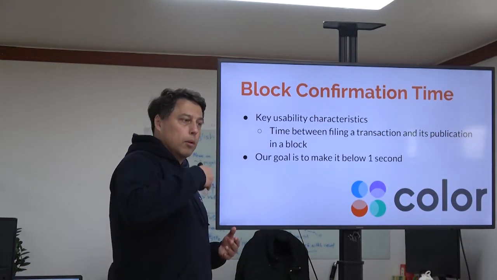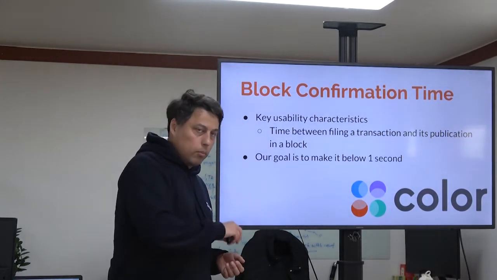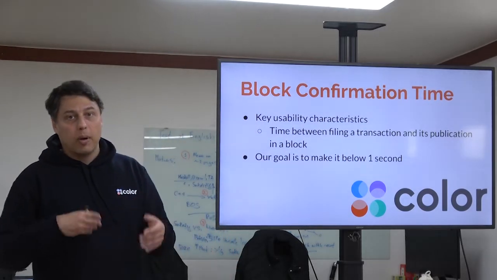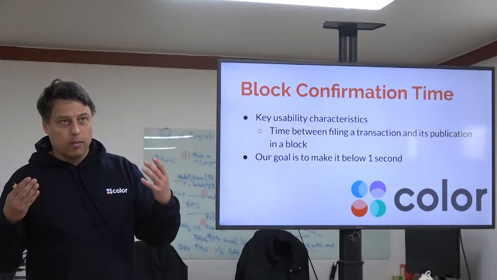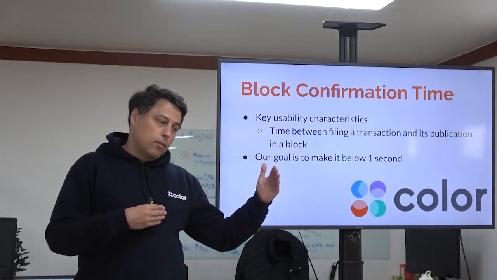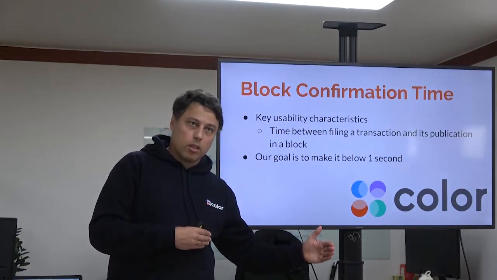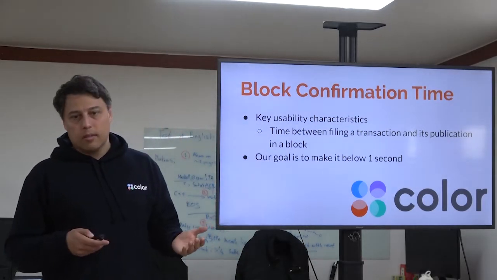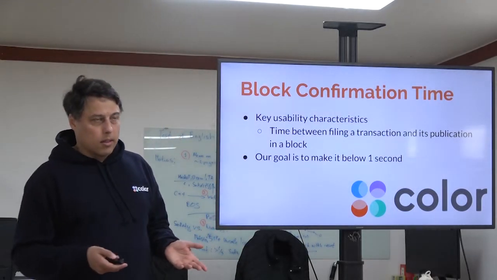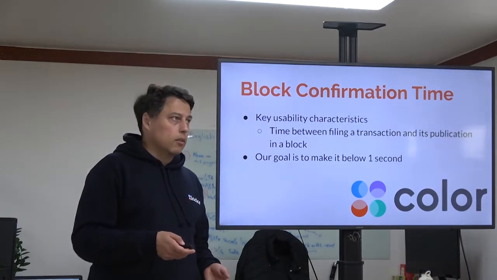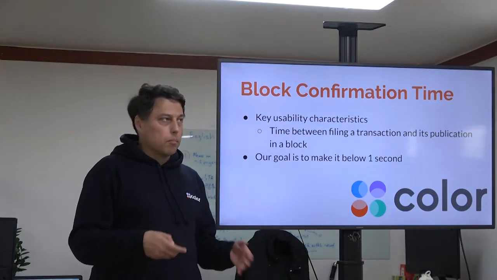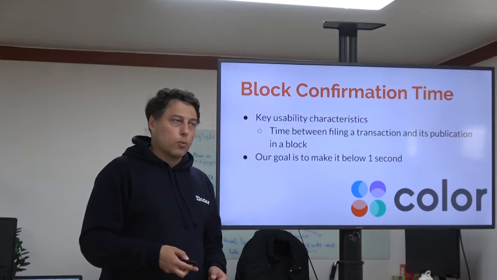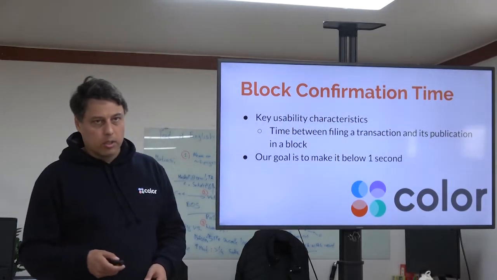When you apply your transaction to the platform, you need to know how much time it will take the platform to file your transaction into the blockchain. If we take, for instance, Ethereum, it will take minutes, literally minutes, to wait until your transaction is mined.